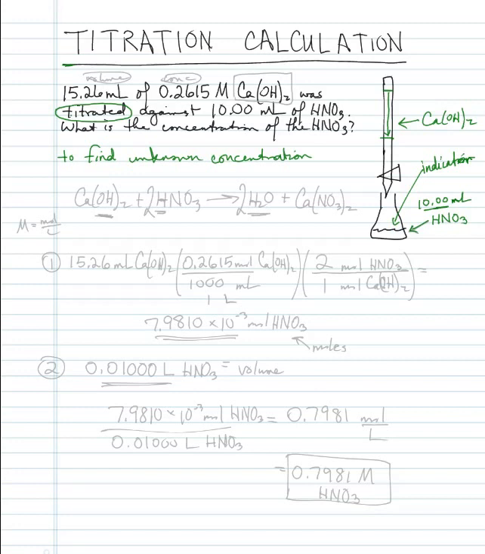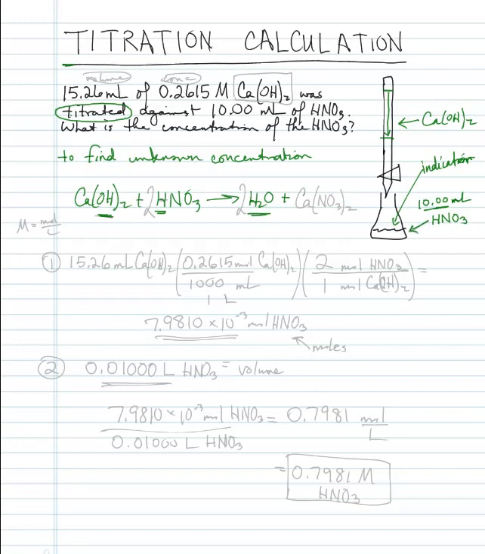What's our reaction in this case? We're going to take calcium hydroxide plus nitric acid, and we're going to form a salt and water. Water is one of the products. We're neutralizing the acid part and the base part and making water out of them.